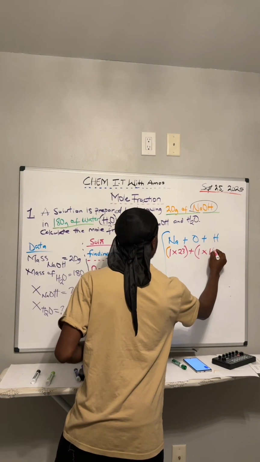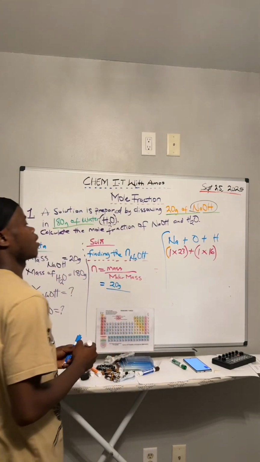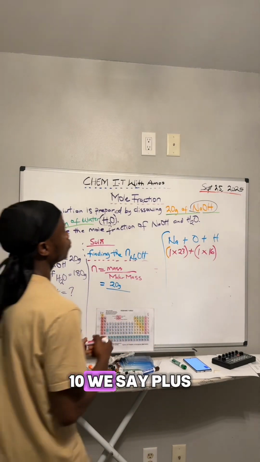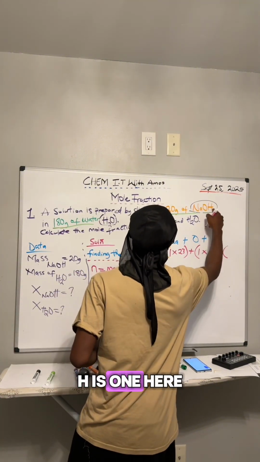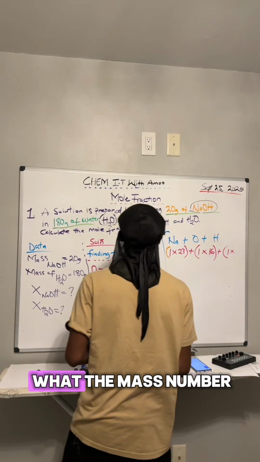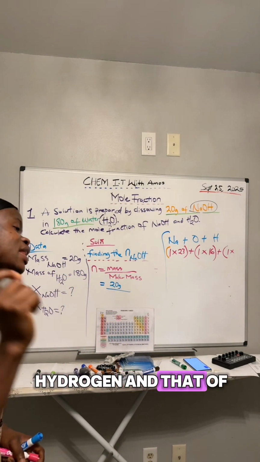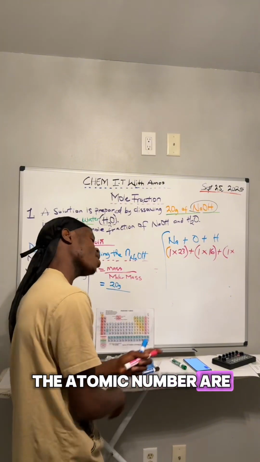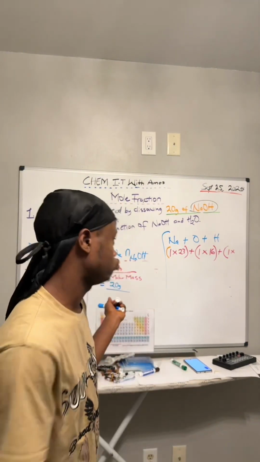So 1 times 16, and we say plus. H is 1 here. We say 1 times. What is the mass number of hydrogen? The mass number of hydrogen and its atomic number are the same because it just has 1 proton.